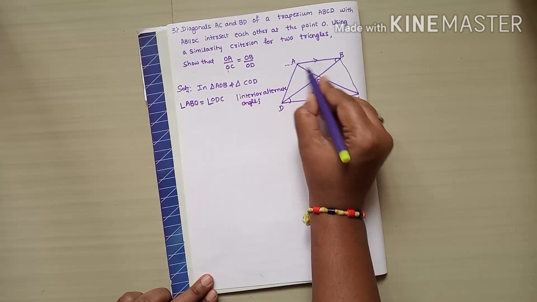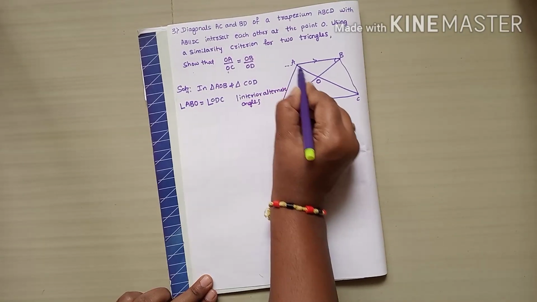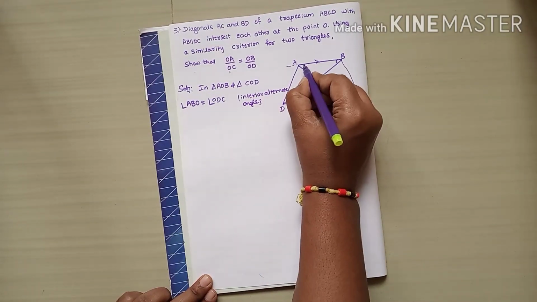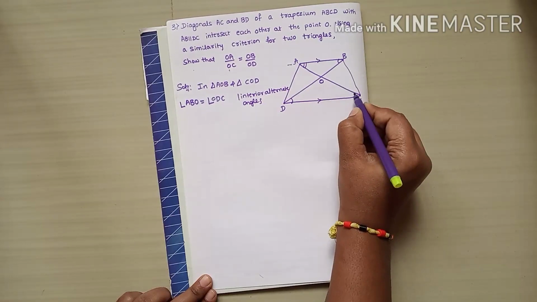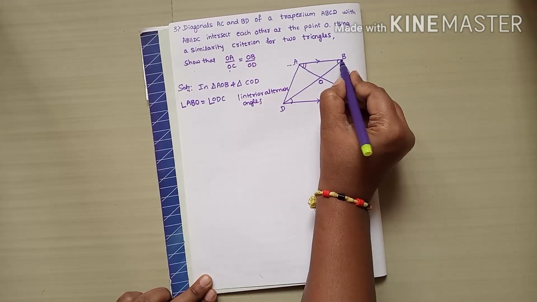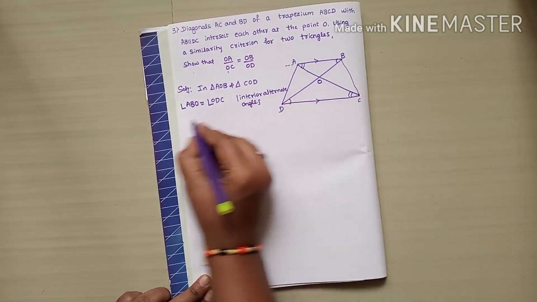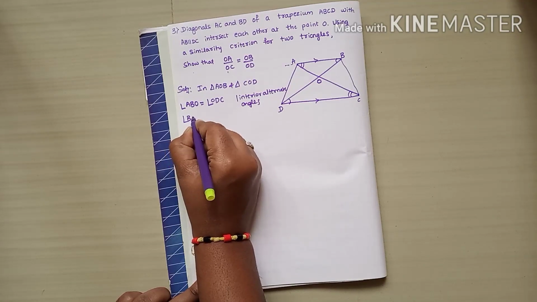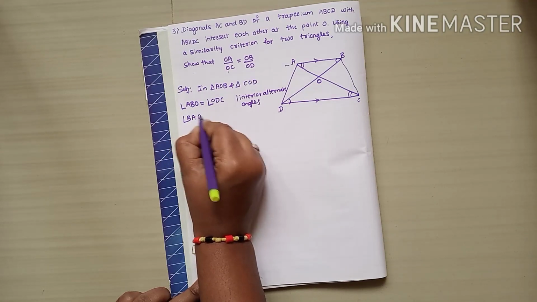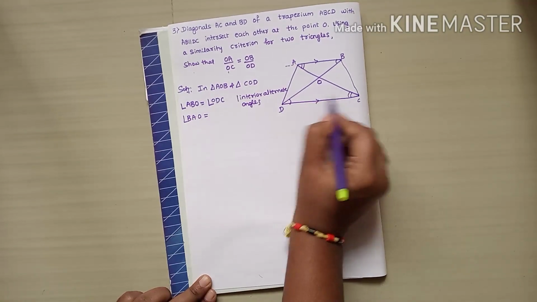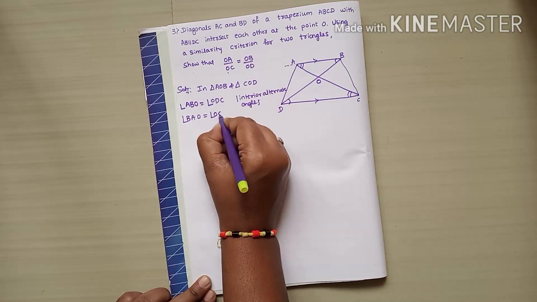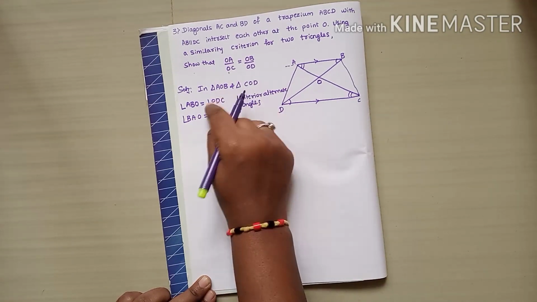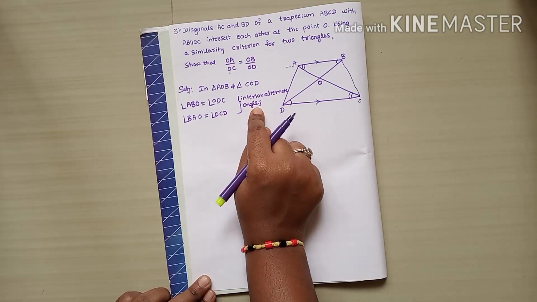Similarly, on this side, the same two parallel lines, but the transversal is now AC. Considering these two angles, we write angle BAO is equal to angle OCD. For both angles the reason is the same, interior alternate angles.